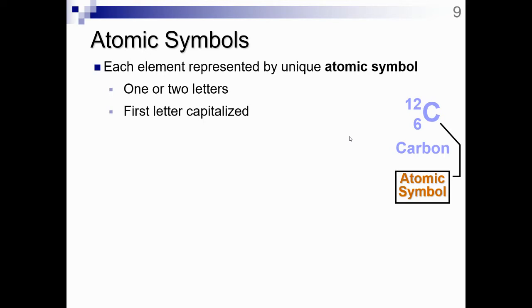The first letter of this name is capitalized. So if it's a 2-letter, for instance, gold is Au. The first letter is capitalized, the A, the U is not. And Au for gold is because the Latin word for gold is aureus, A-U-R-E-U-S. So that's where that Au for gold comes from.